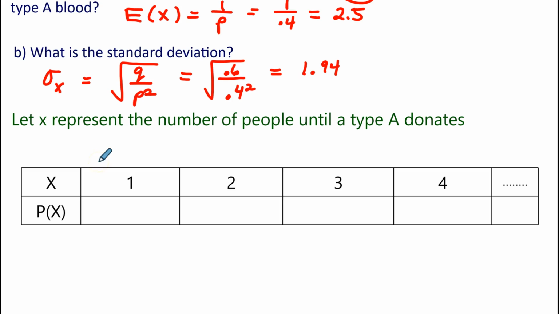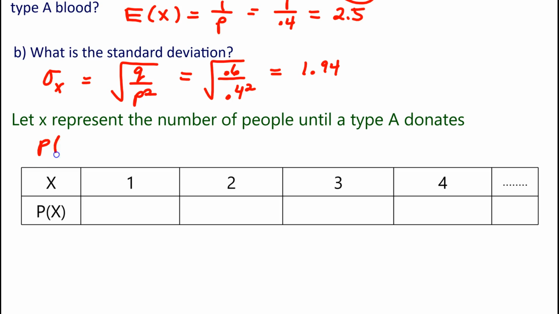And for the last part of this first example, they want us to complete a probability distribution function where X represents the number of people until we encounter a type A donor.